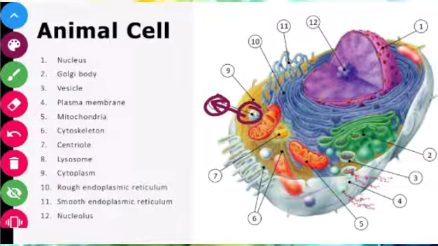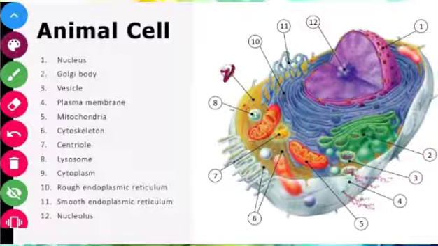So they are called suicide bags, because it destroys itself when it is not used for the cell. Okay, so it is called suicide bags. And let us move on to the next, that is the ninth part, that is cytoplasm.